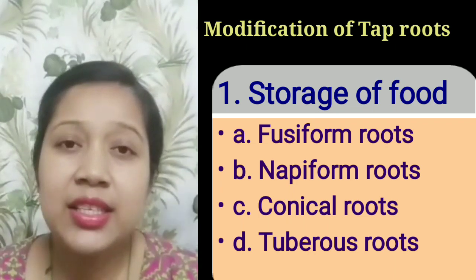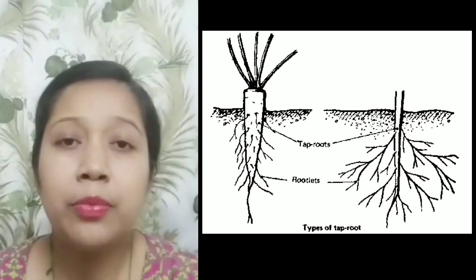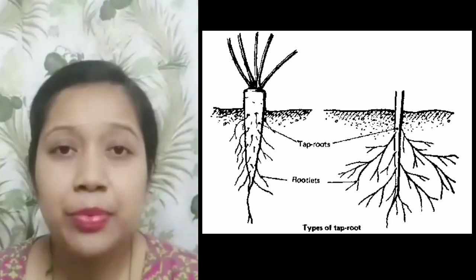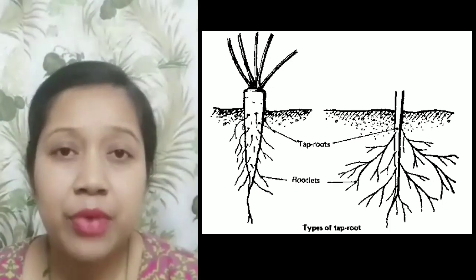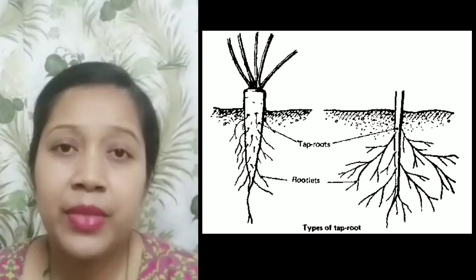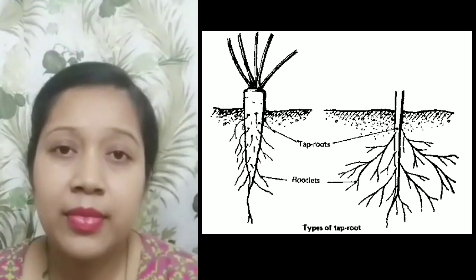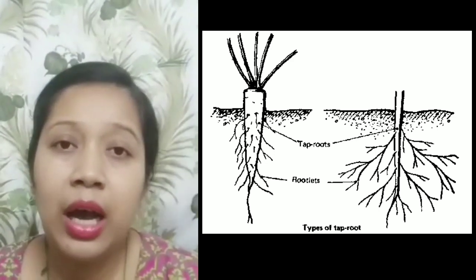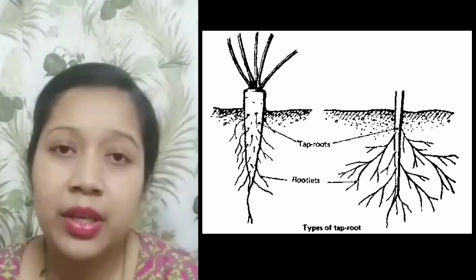The first type is the fusiform roots, or fusiform modification of taproots. Before describing this part, let's take the example first. The example of fusiform roots is the radish. All of you are familiar with the picture of radish.